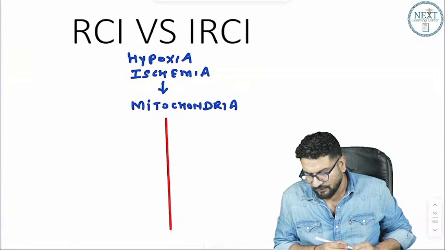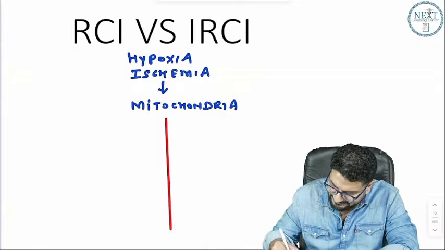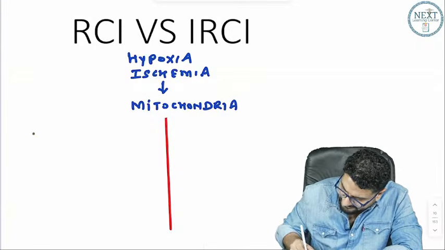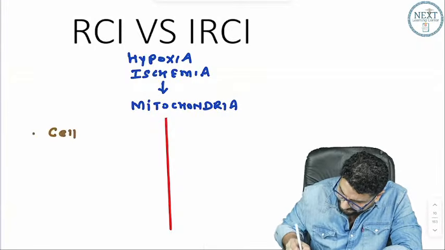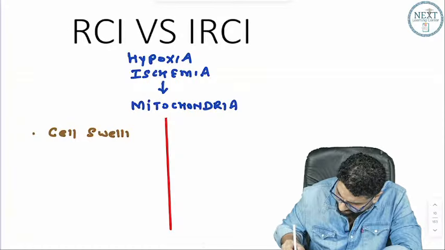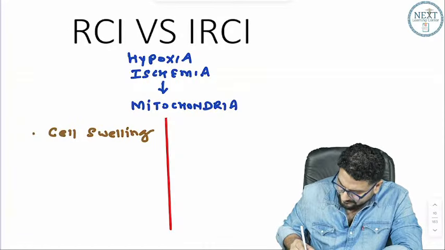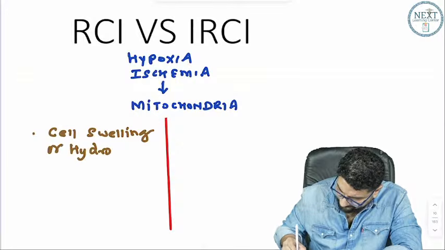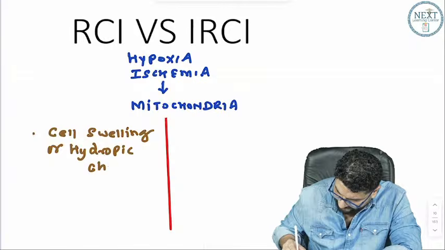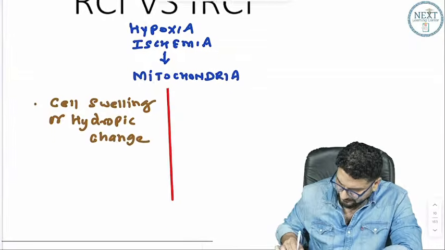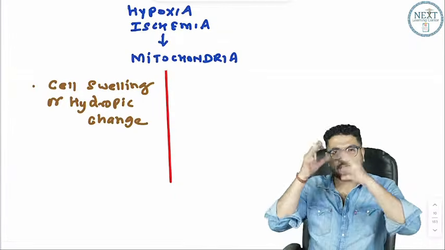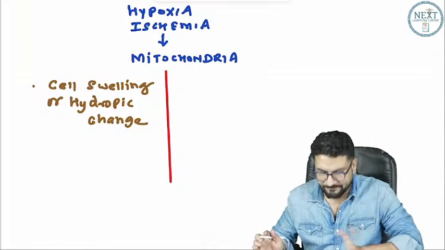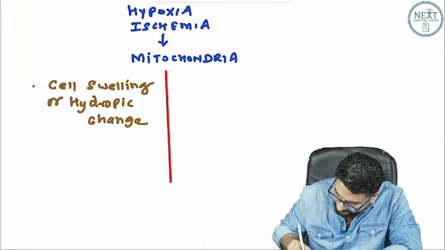Now they ask you what are the changes. So understand this thing, in reversible cell injury, you will see there will be cell swelling. The cell swelling is also called hydropic change. So when the cell is swelling, the organelles are inside the cell, so they will also swell up. There will be organelle swelling.